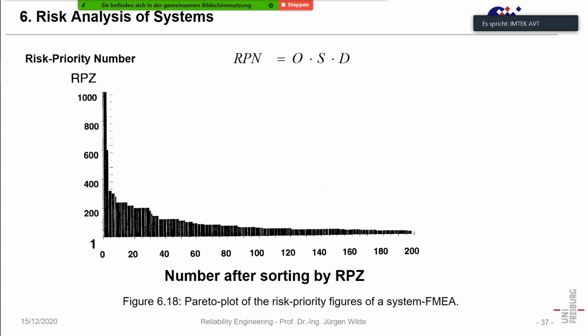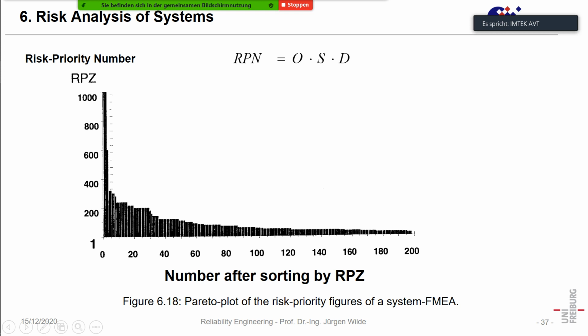Also, one must say, when two failures have the same risk priority number, the ones with the highest severity must be eliminated first. Maybe you could say we have a high probability of a car breakdown, but we are sure nothing will happen to the driver or someone else.